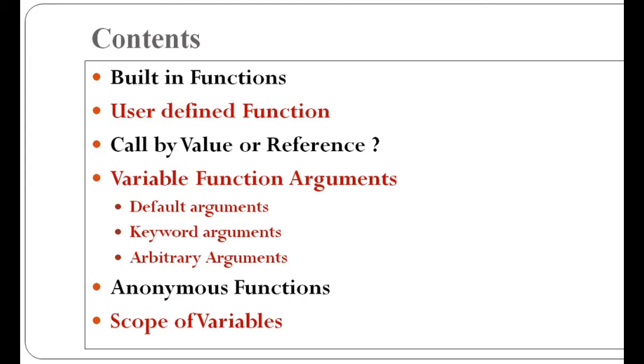There are three different ways of passing arguments. One is default argument, keyword argument, and arbitrary number of arguments also. We can also define anonymous functions, that is, functions that do not have any name. Then we can see the scope of variables. Scope of variables is nothing but seeing where a variable can be accessed.